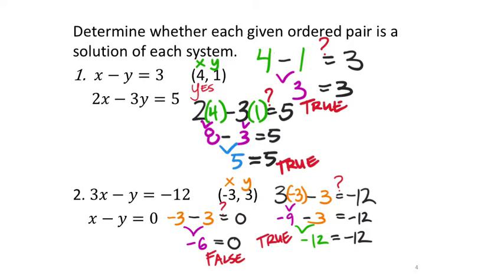If you were to put this on a graph, I'll just make it my own so we can see about what it would look like. There's my y-axis, there's my x-axis. The first equation, 3x minus y equals negative 12, would be something like this right here. And the second equation, x minus y equals 0, would be something like this one right here.